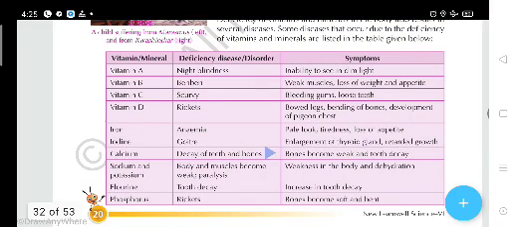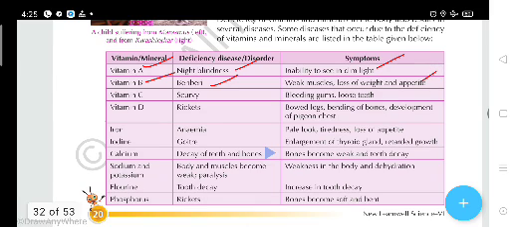Here is a table in which you can see the deficiency of vitamin A. What can occur due to the deficiency of vitamin A? Night blindness. And in night blindness, what happens? You are unable to see in dim light. And the deficiency of vitamin B means beriberi disease, weak muscles, loss of weight and appetite.